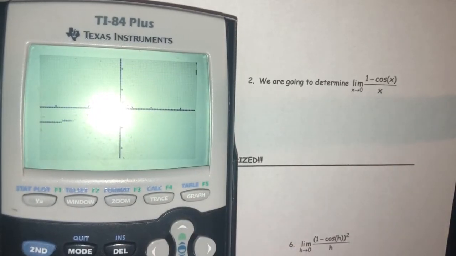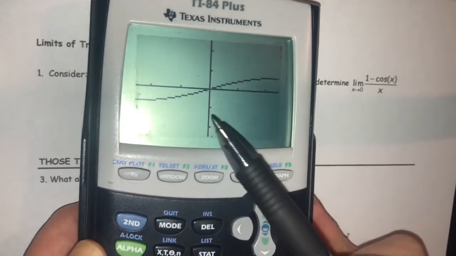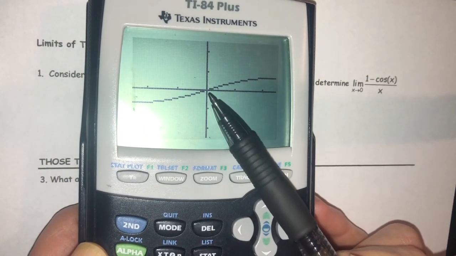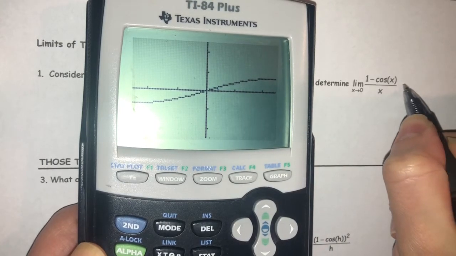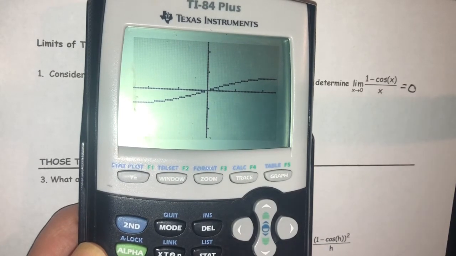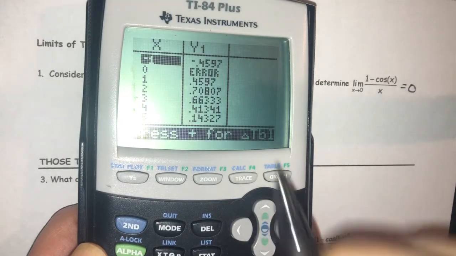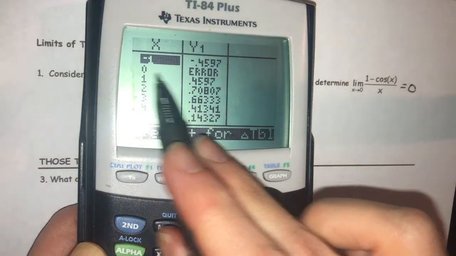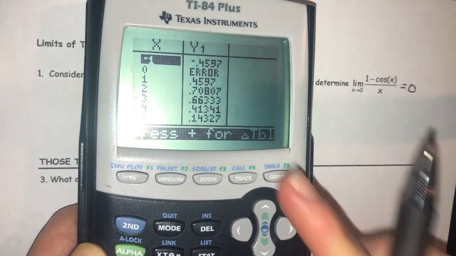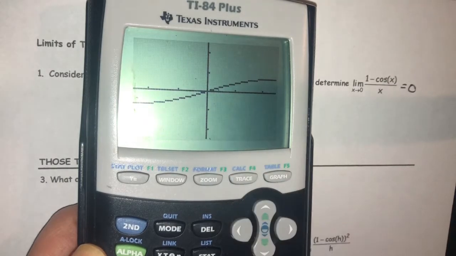Graph. Okay, this one looks like it passes right through the origin. You see that? I'm going to put equals 0. It looks like it goes to 0. Is it 0? No. There's the same error message next to 0. It's not defined there, but it is approaching 0 on both sides.